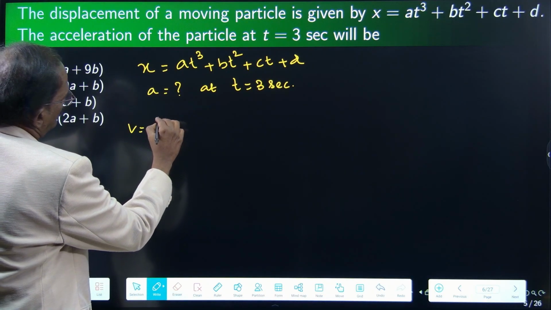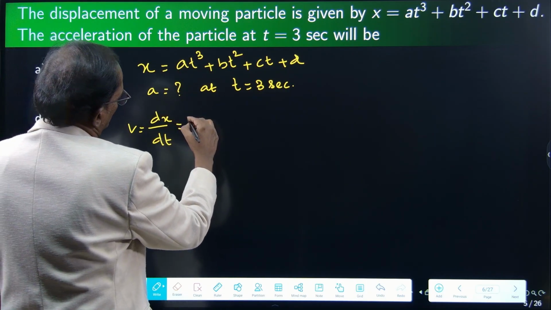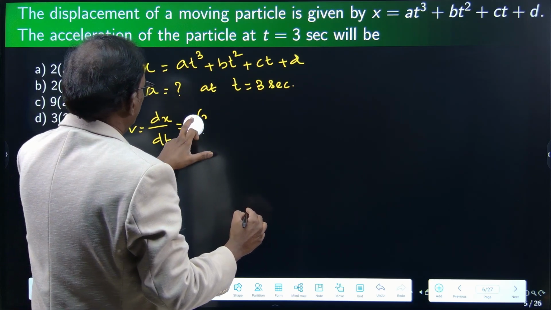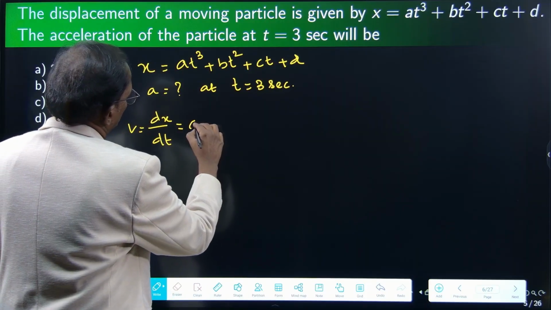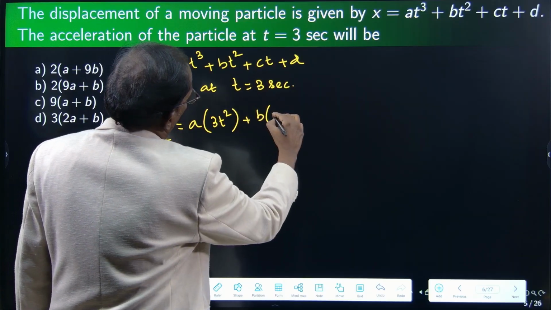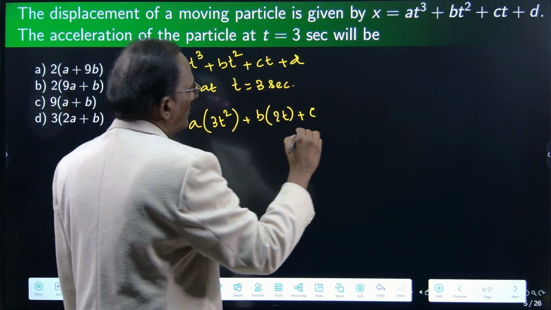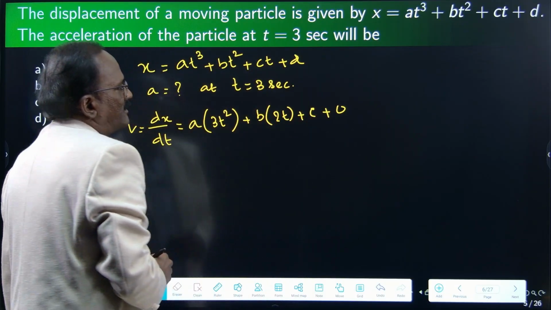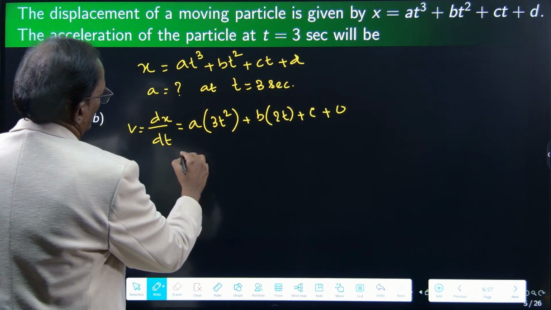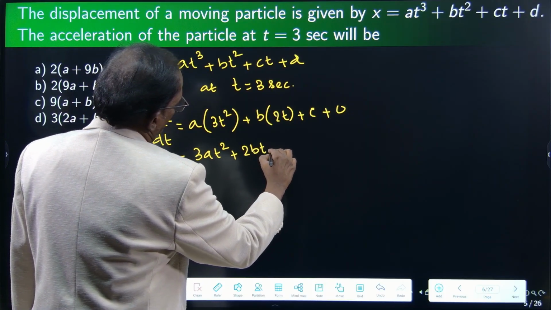So v is equal to dx by dt. A is constant, 3t square, plus b is constant, 2t, plus c is constant. Differentiation of t will be 1. Then differentiation of a constant is 0.